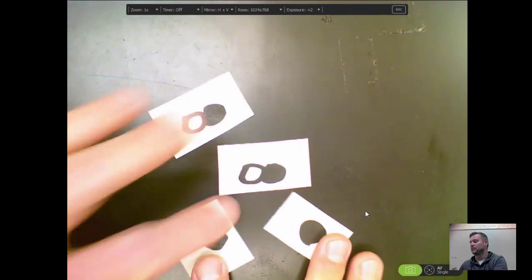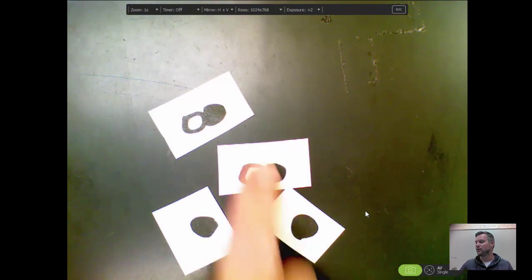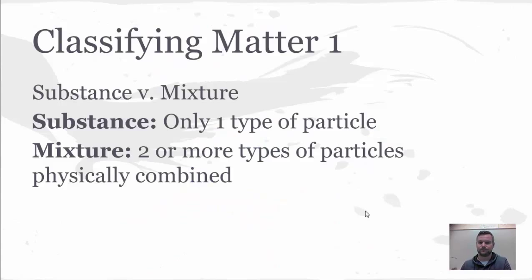Or if the container only contains this type of particle, that's also a substance. If the container contains both types of particles, that would be a mixture because these particles are different from one another, and they are not chemically combined, which is what we're going to see next.